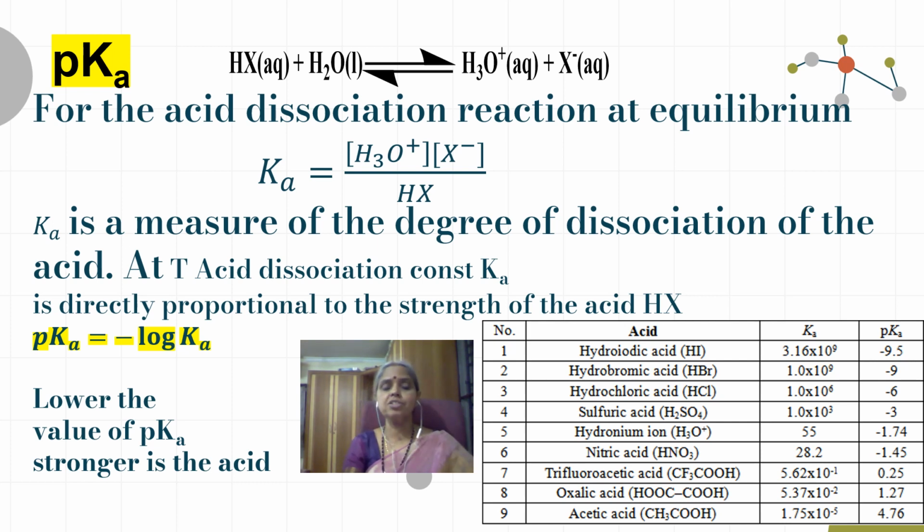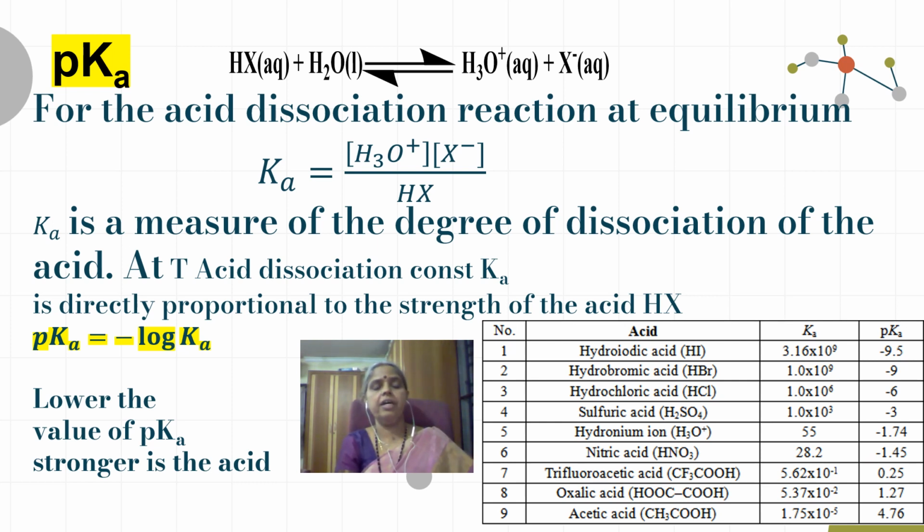So acid dissociation constant is directly proportional to the strength of the acid, or directly proportional to the H plus ion concentration. Ka is a measure of the degree of dissociation of the acid. At temperature T, acid dissociation constant Ka is directly proportional to the strength of the acid HX.